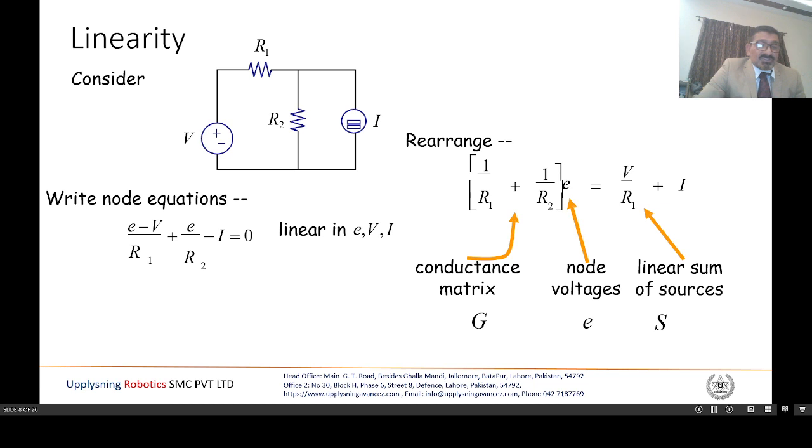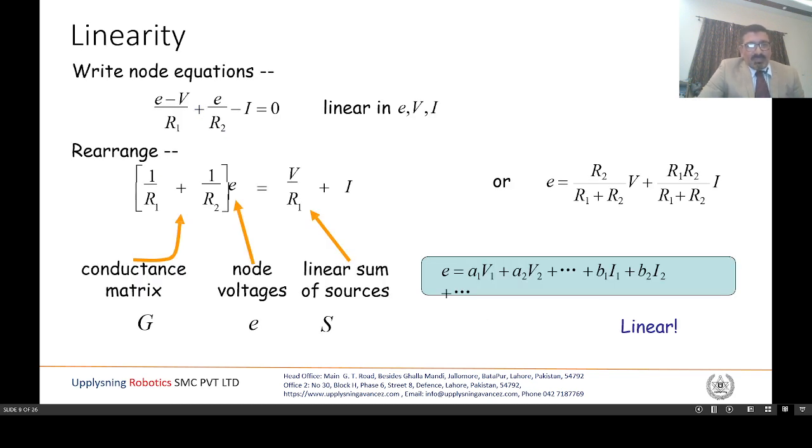If we rearrange it into matrix form, where R is a resistance, the conductance is equal to 1 over R. So we can write this equation as 1 over R1 plus 1 over R2, multiplied by E, since E appears on both sides, and that becomes the node voltage. The voltage at the node is equal to V over R1 plus I, because that becomes a linear sum of sources. It will give you the linear source V over R.